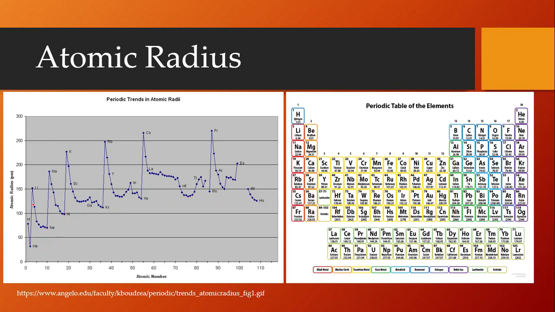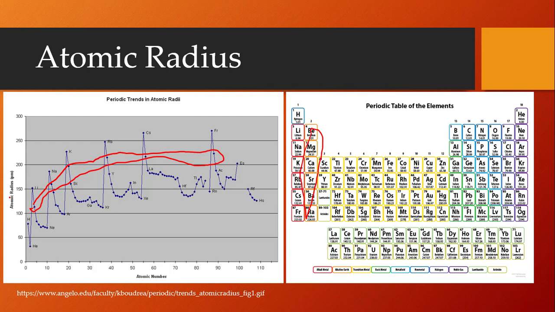And just for giggles and grins, there is beryllium, magnesium, calcium, strontium, barium, and then radium, and that is the second group.